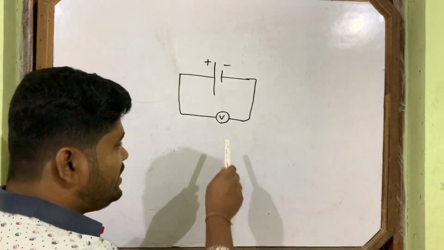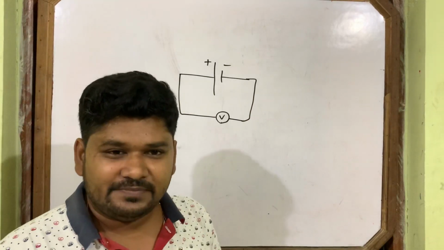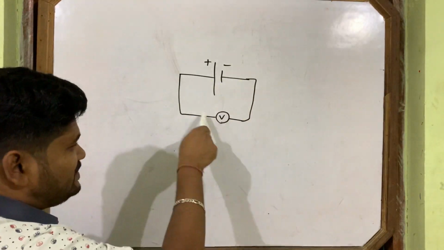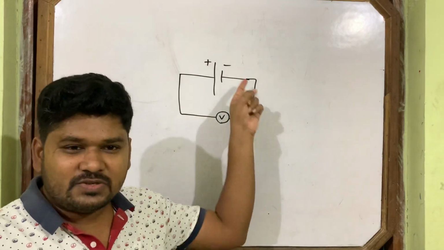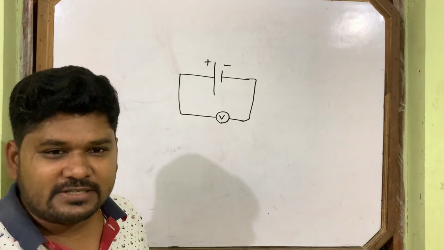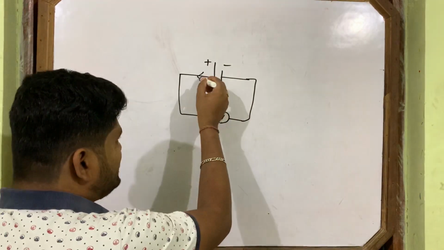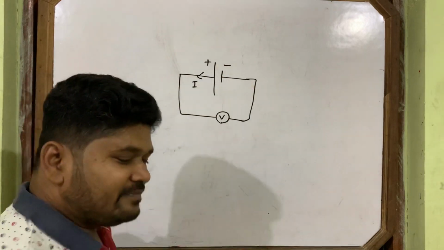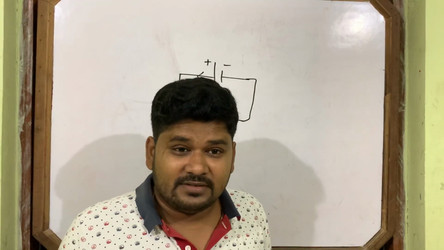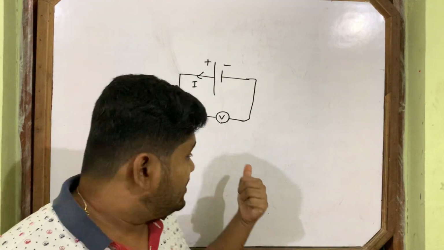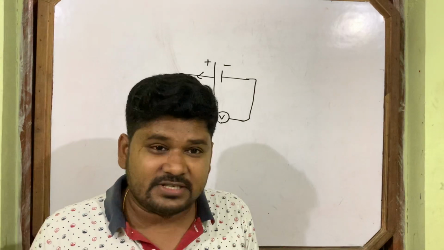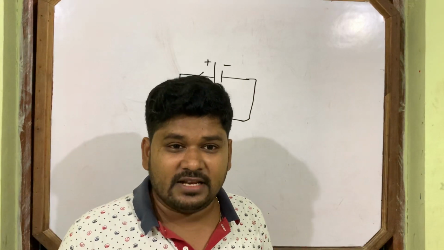Why? When you connect this voltmeter, the circuit becomes complete, and immediately current starts flowing. The voltmeter is a device, but it has some resistance, so it just acts like a resistor for the cell.